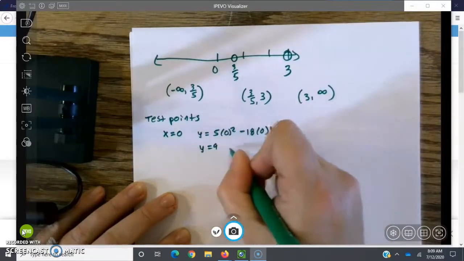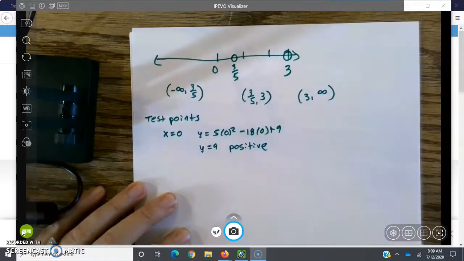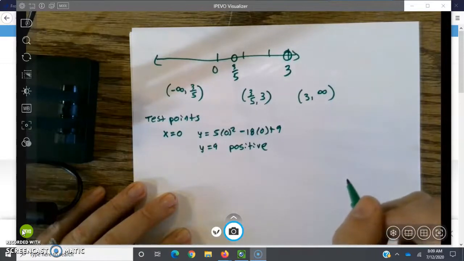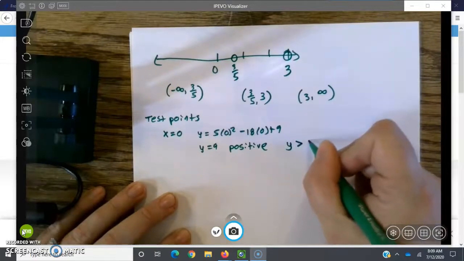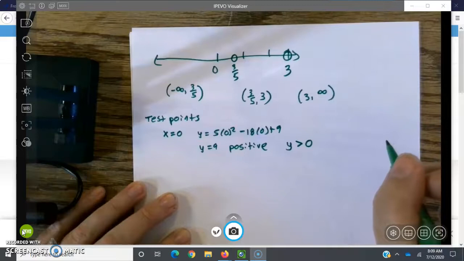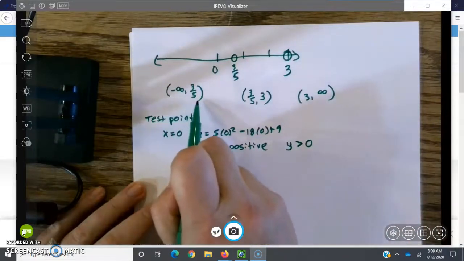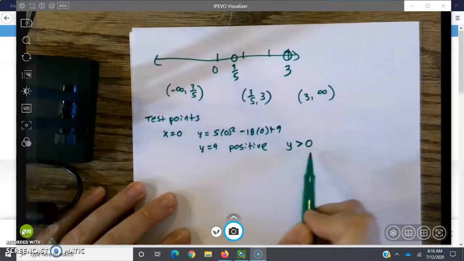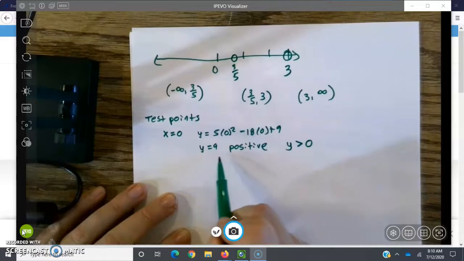So y is 9, which is positive. Okay, and we wanted to know when y was less than 0. So with this being positive, y is greater than 0 at that test point. So we don't want this region, negative infinity to 3/5. That doesn't satisfy y being less than 0. If it was negative, we would be okay, but it was positive.